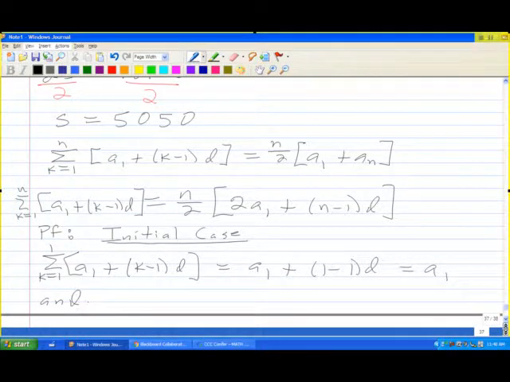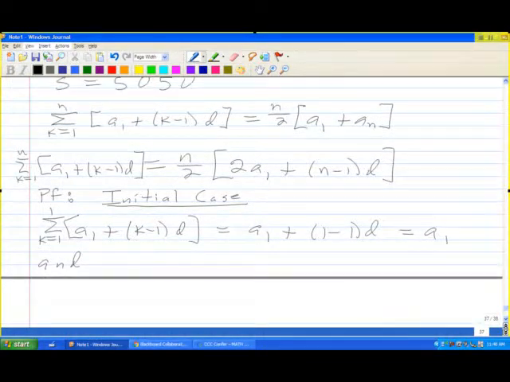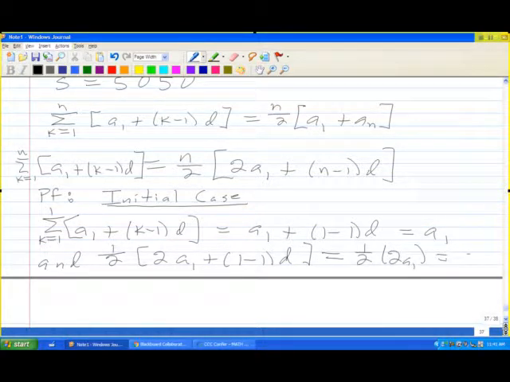And we also have, well, replace n by 1. And so 1 over 2 times 2a1 plus 1 minus 1 d, well, that's equal to 1/2. Well, 1 minus 1 is 0 times d is 0 plus 2a1 is 2a1. 2's cancel, so you get a1.